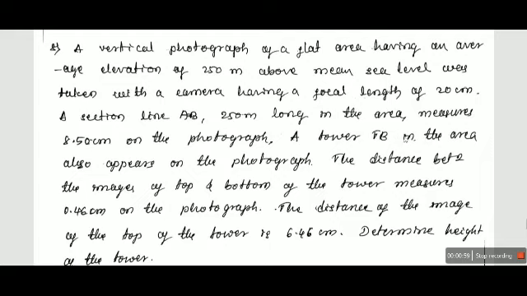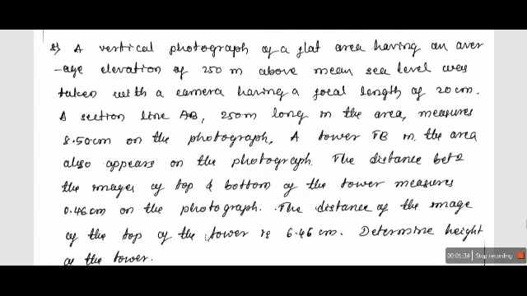A tower TB in the area also appears on the photograph. The distance between the image of the top and bottom of the tower measures 0.46 centimeters on the photograph.